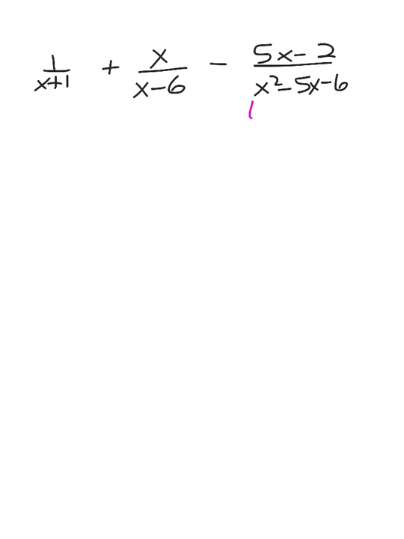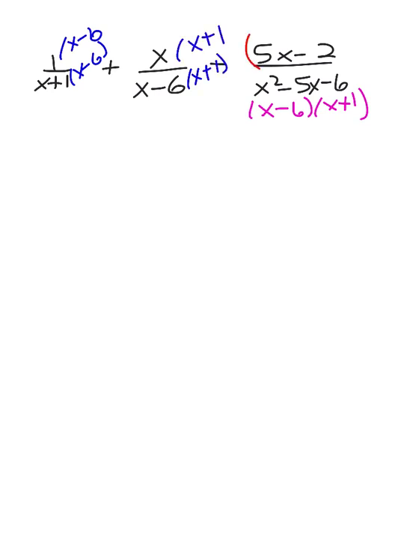This trinomial factors and becomes (x minus 6)(x plus 1). I need to get the denominators the same. So I'm going to multiply the first fraction by x minus 6, and I'm going to multiply the second fraction by x plus 1. Also, when I perform this operation, I have to distribute the negative 1.